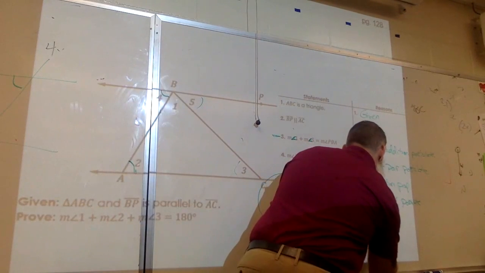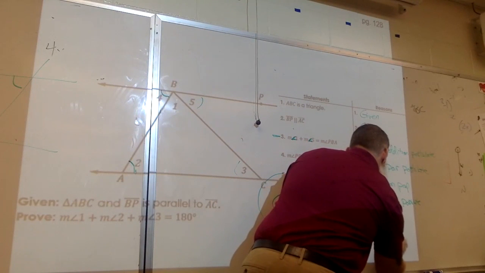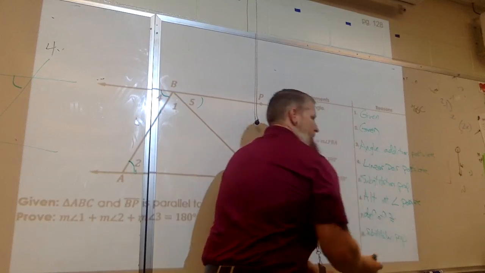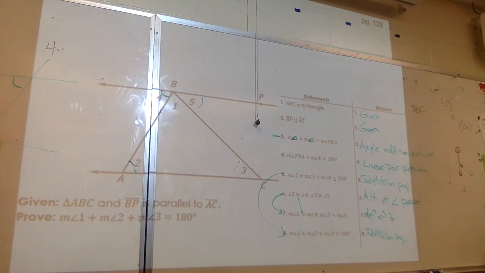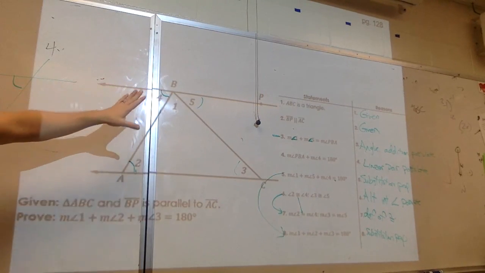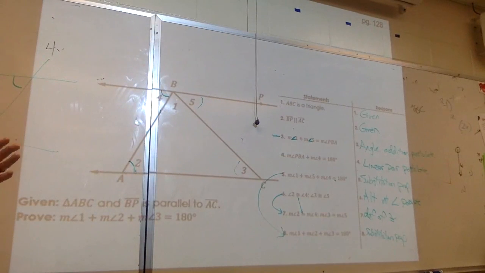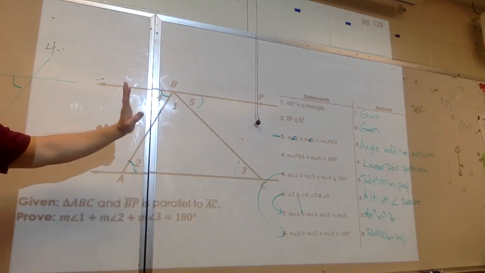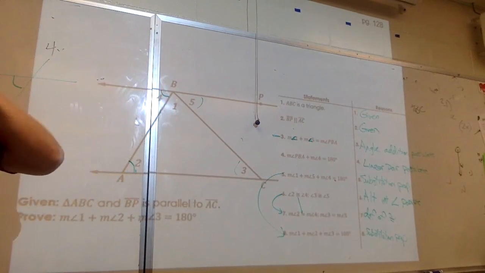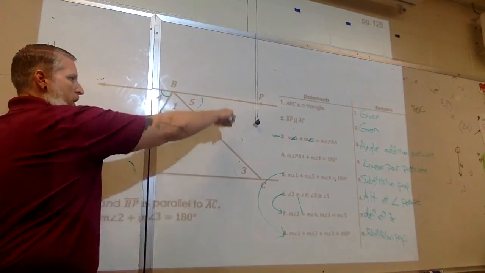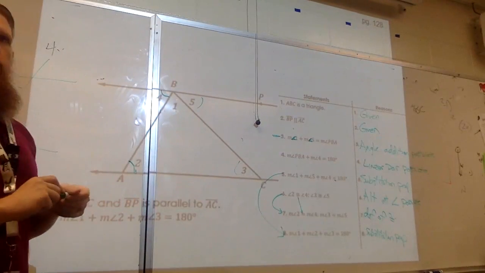So again, this is substitution property. Okay? Now look, this is like proving that theorem that says that the angles of a triangle add up to 180. Which means if that theorem didn't exist and you wanted to fully tell someone that these angles added up to 180, that would have to be your long-winded explanation.